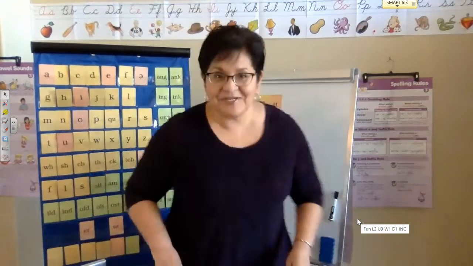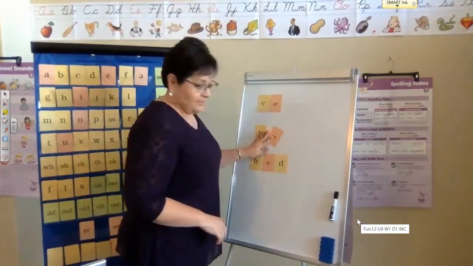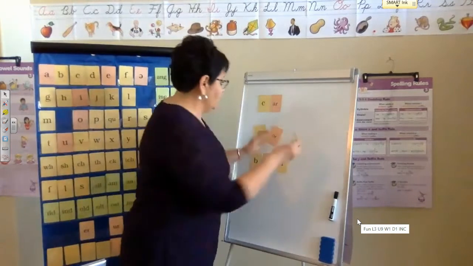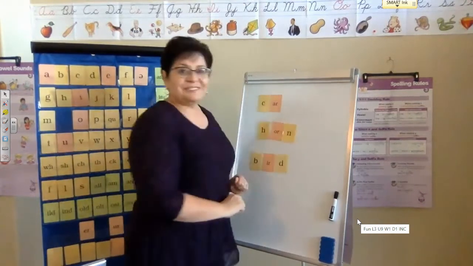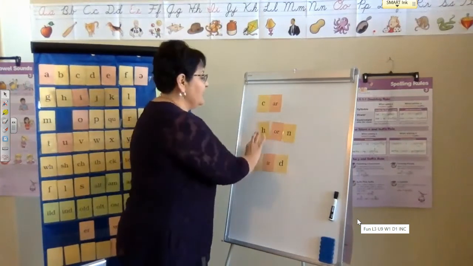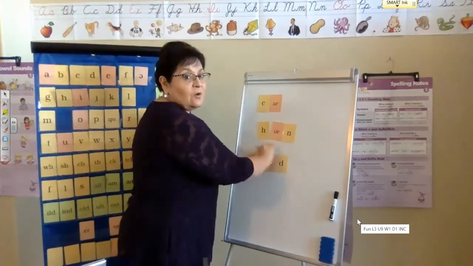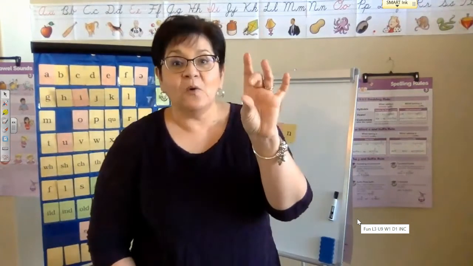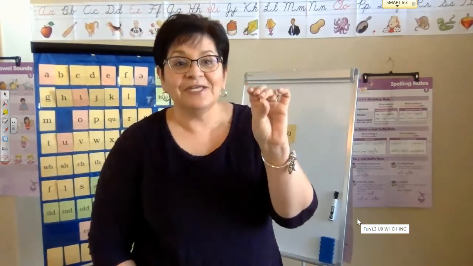All right, let's try this next word. Oh, I'm missing a letter. Now we're all set. Okay, let's tap this word out. Tappers up. Here we go. Or, horn. Did you tap it with one tap? Or, horn. Like a horn.